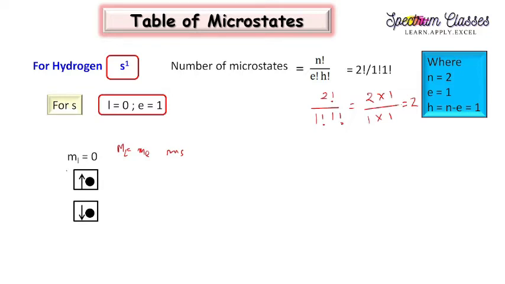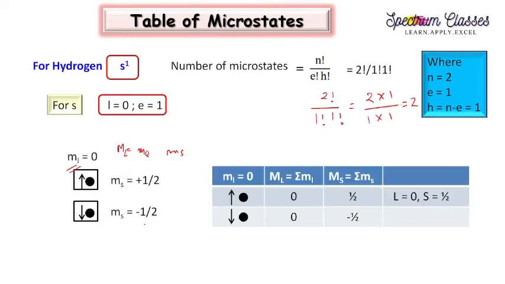Second case, we consider next. For this set, we are having MS is equal to plus half because it is in the upward direction. This circle suggests the hole, meaning here no electron is present. For the second case, we are having ML again 0 because it is in the s orbital, but the value of MS changes, which is equal to minus half for the second set of information.